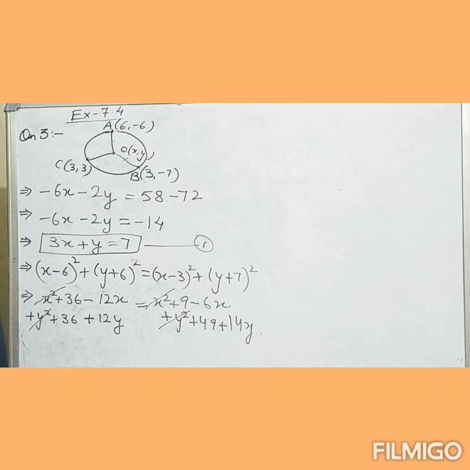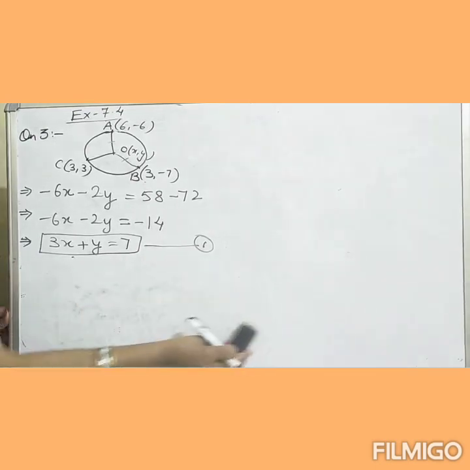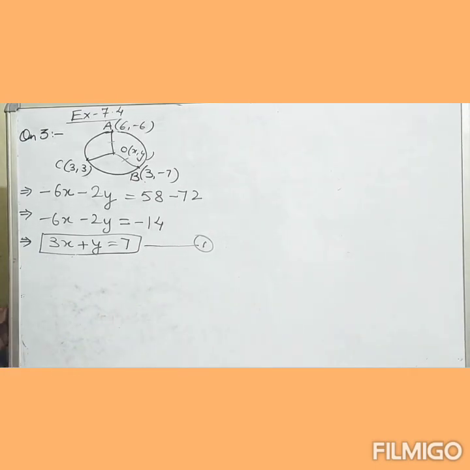Now in the same way I will apply this method for OB equal to OC, or you can take OC equal to OA. So I'm going to take here OB equal to OC. Apply the distance formula again.